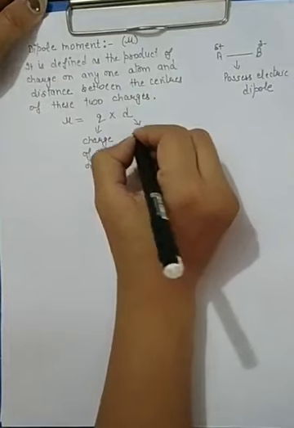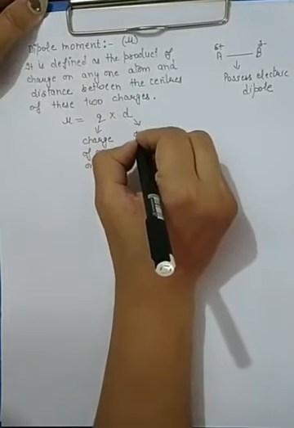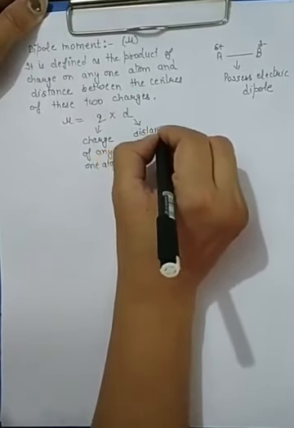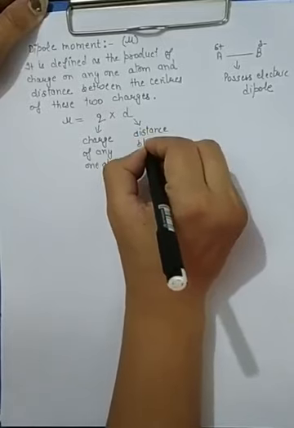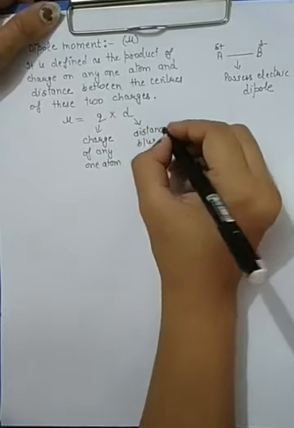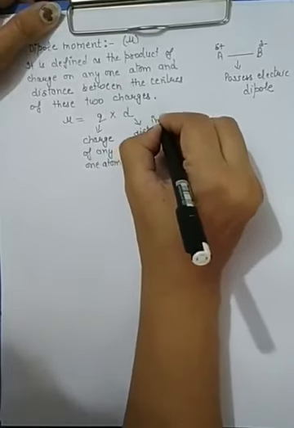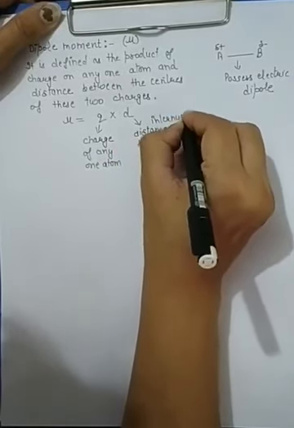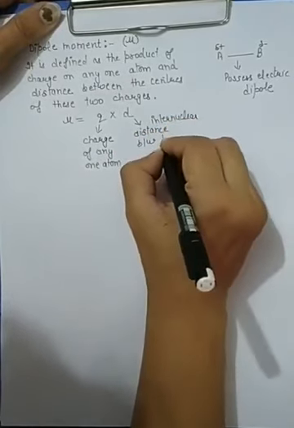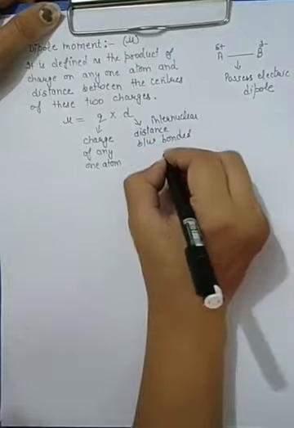D is the distance between the centers, or we can say the internuclear distance between two bonded atoms.